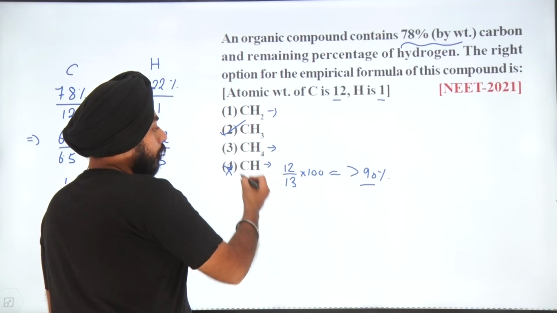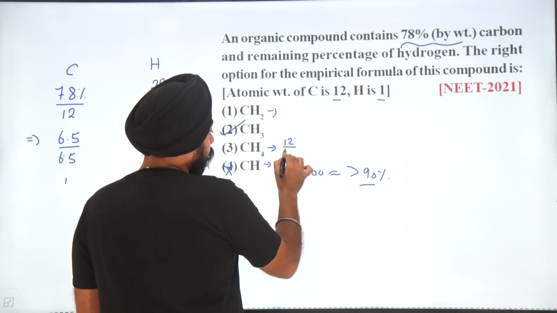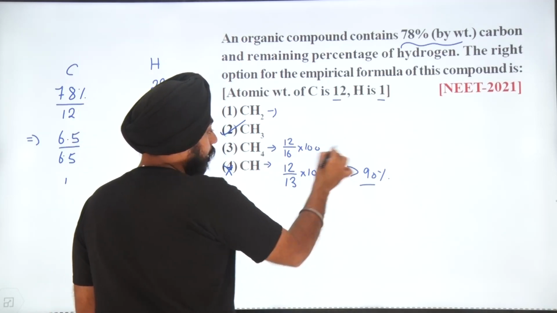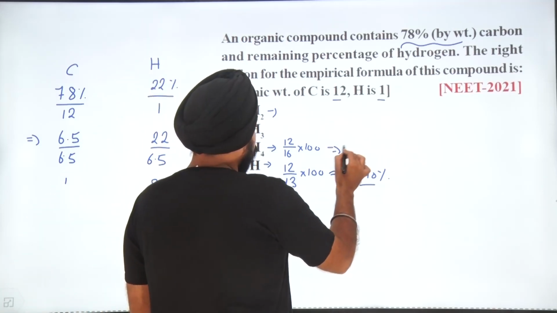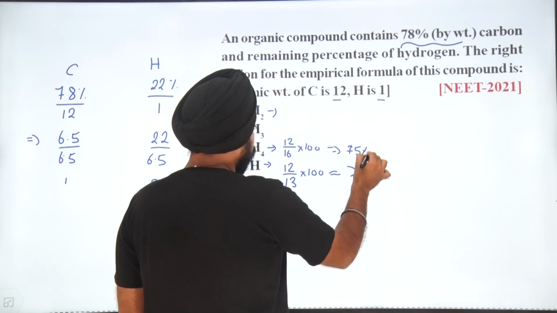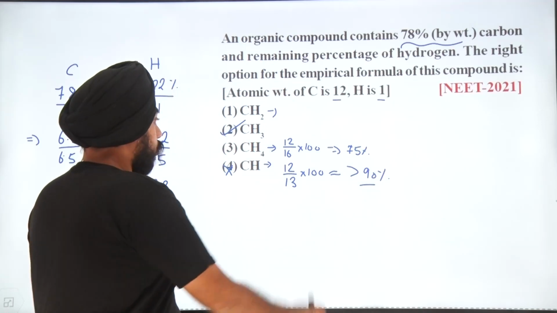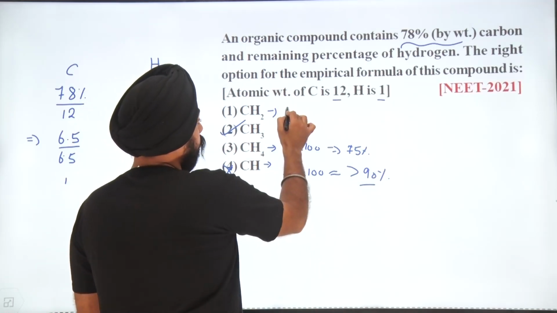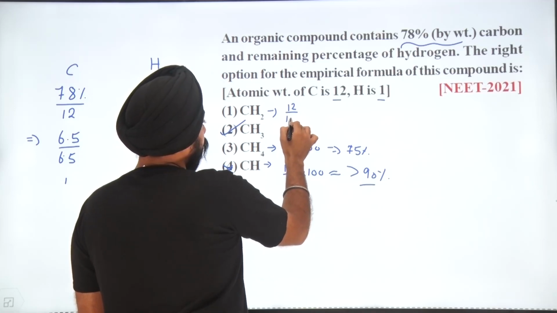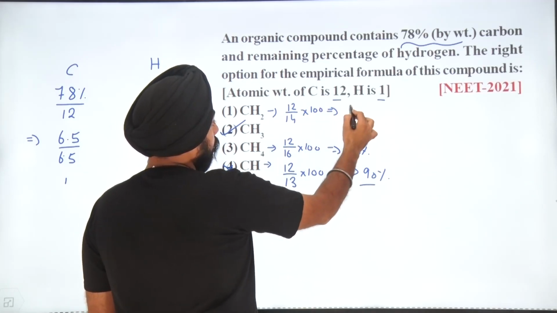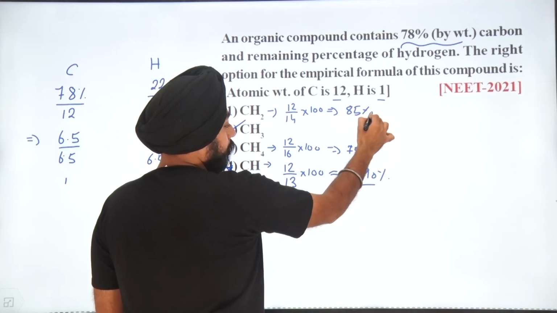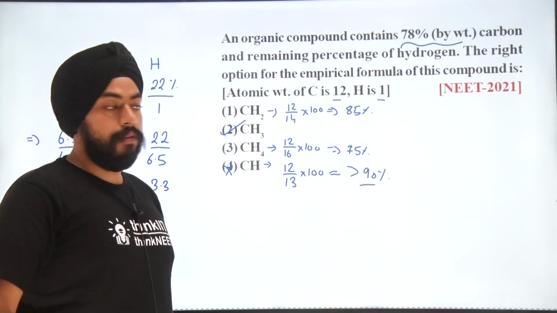So for CH4, it will be 12 divided by 16 into 100. It gives us a direct value for the percentage of carbon, which comes out to be 75%, students, right? For CH2 it will be 12 divided by 14 into 100, so it gives a percentage of somewhat around 85%.